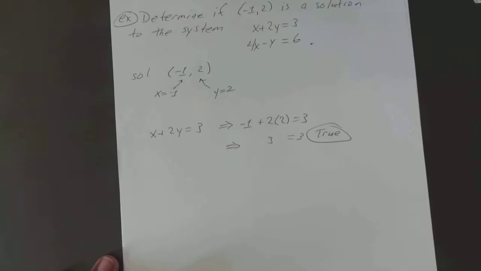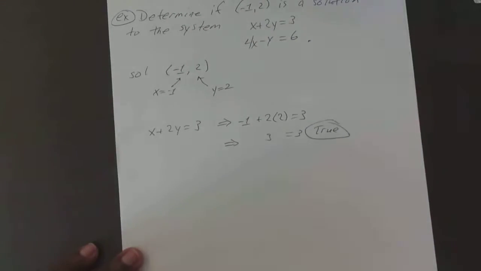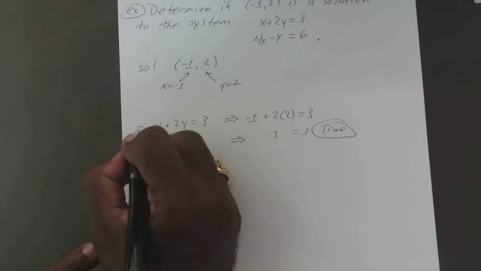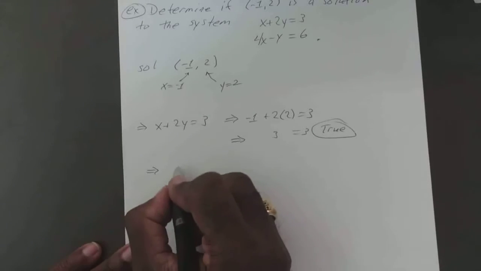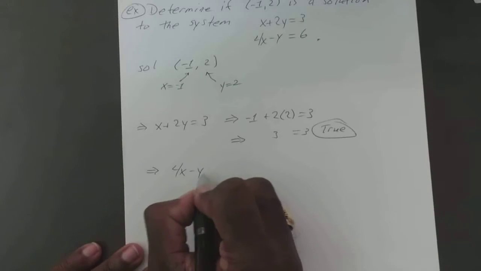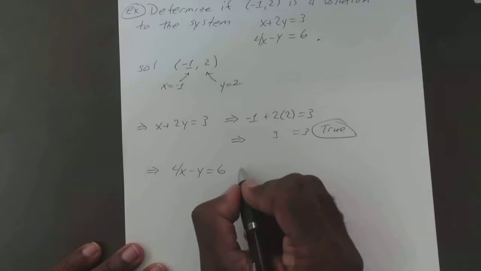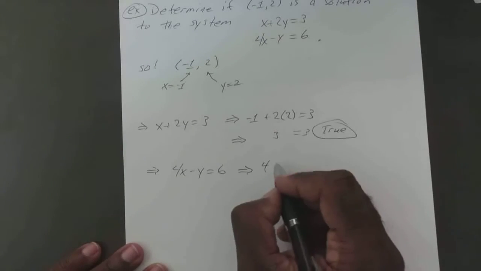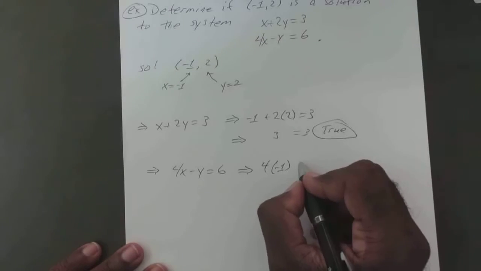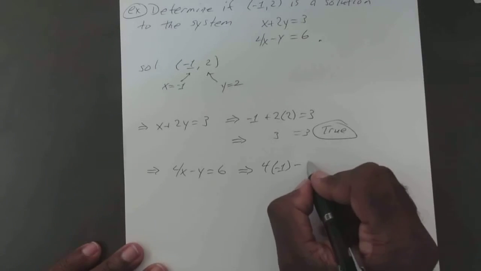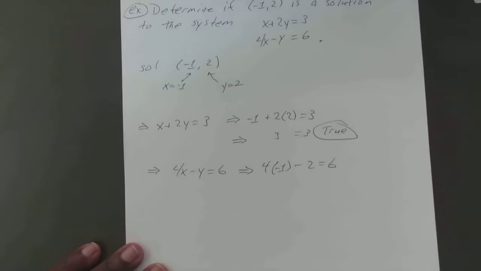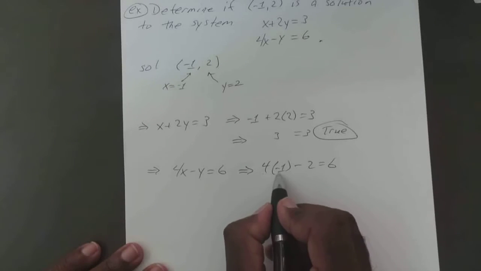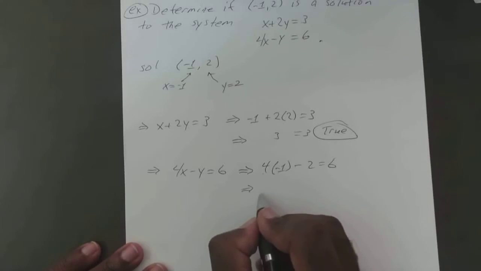Okay, so now we'll try plugging it into the other equation. 4x minus y equals 6. So 4 times -1, minus y, so minus 2, equals 6. 4 times -1 is -4.